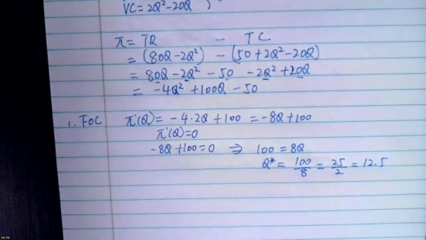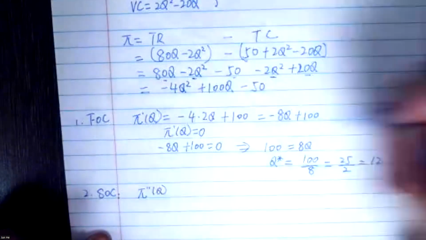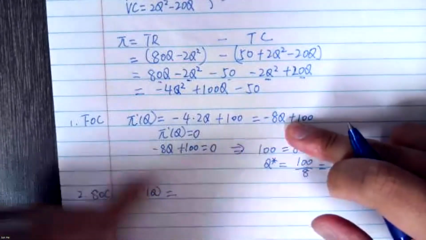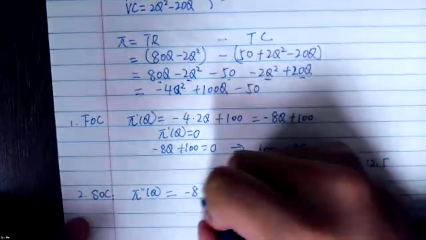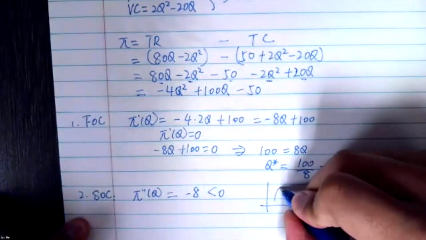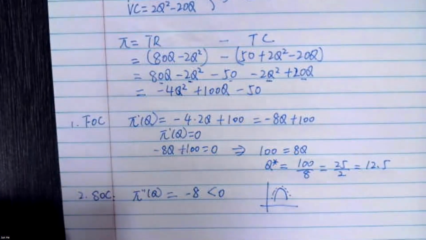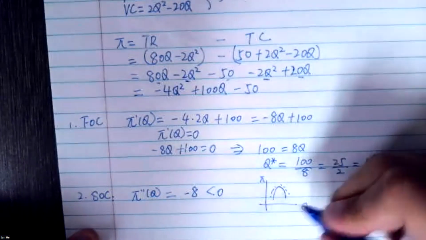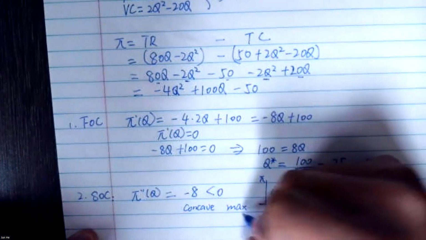Okay, that's Q star. Then the second order condition is pi double prime Q. Now we're working on this and taking another derivative with respect to Q. The result is minus 8, smaller than 0. The function should have a slope of the tangent line that is decreasing in Q. So here it is concave, and we do have a max.